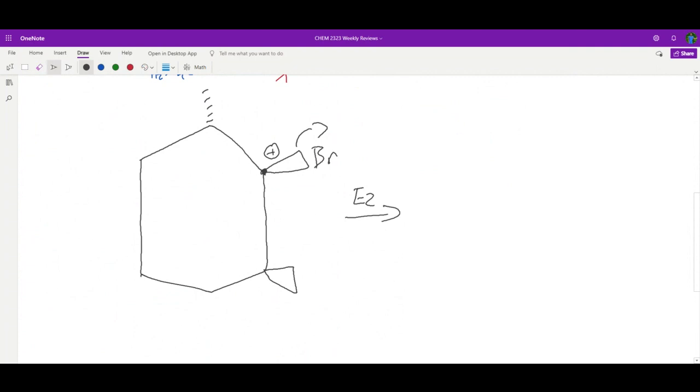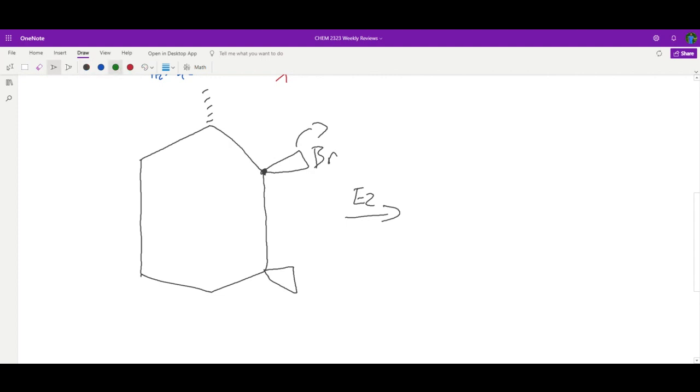E2 doesn't have any rearrangement, so we don't have to worry about going from secondary to tertiary. So don't worry about any of that. All you have to worry about is: is my adjacent hydrogen anticoplanar to my leaving group? Oh, let's try to erase. Let me just undo this. Okay, so we don't need that. I don't want to confuse you guys.